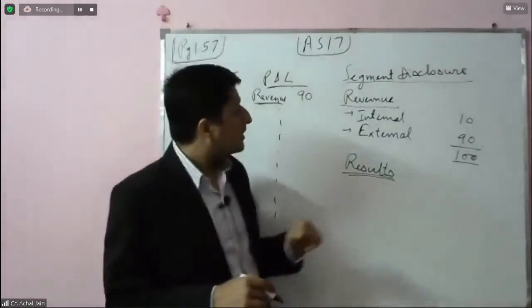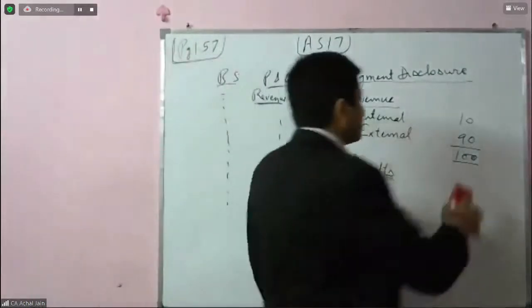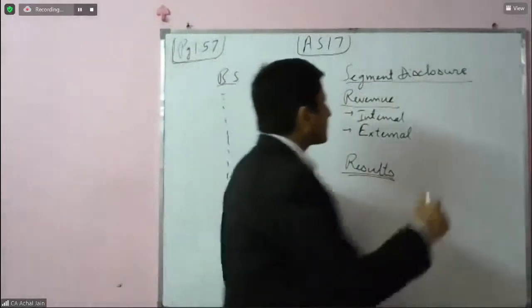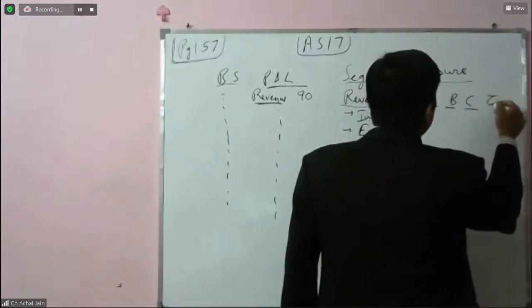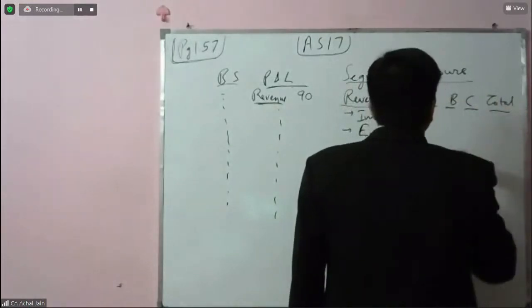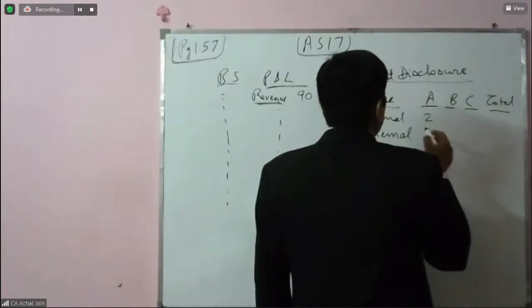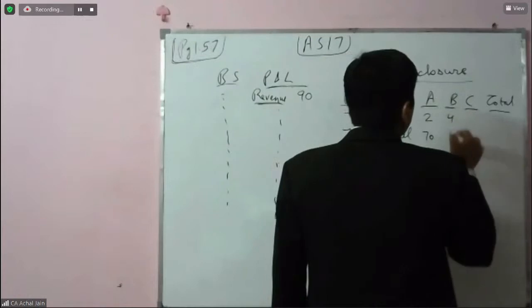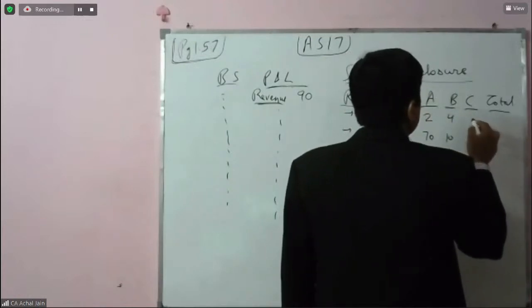This is because when you give this disclosure, you may have various segments. Let's suppose we have 3 segments, A, B, C. So this is 2, and let's suppose this is 7. So this is 4. Let's suppose this is 10.